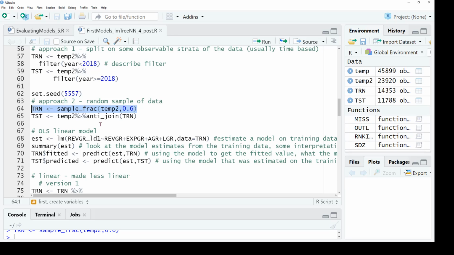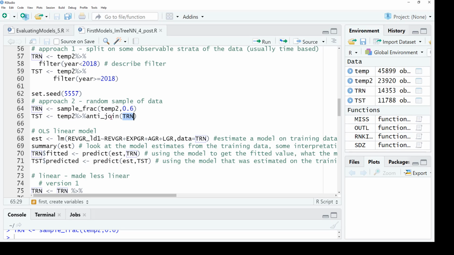So then with the DPLYR framework, I can also join and merge data sets. And so this is the first time we're going to do a merging. It's a really simple version, but we could do things in different ways, which at some point we'll do. But I'm going to start with the temp2 data that I created before, and I'm going to anti-join the training data.